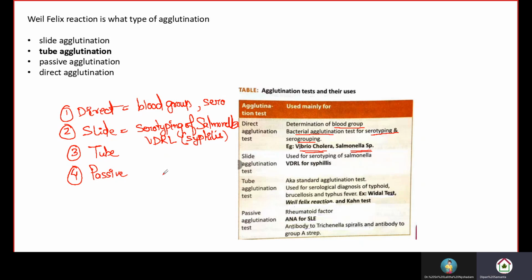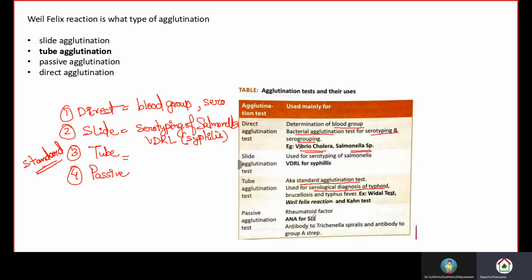Okay, next is tube agglutination test, also known as standard agglutination test. Used for serological diagnosis of typhoid.